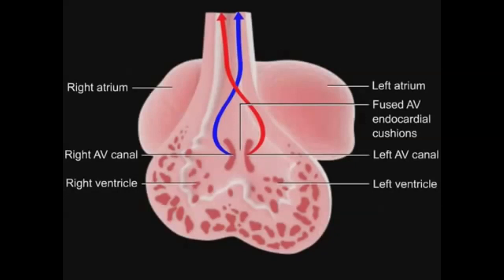And you can see that blood flows from left and right atrioventricular canals, and they cross each other.